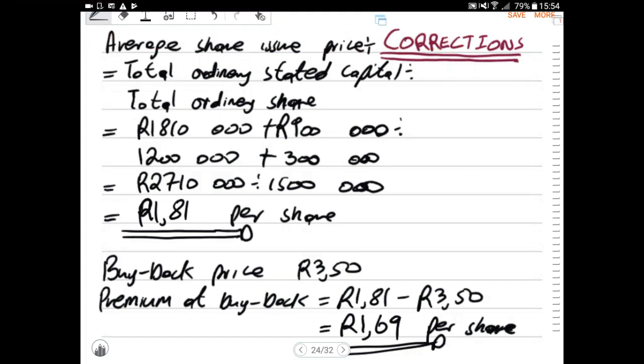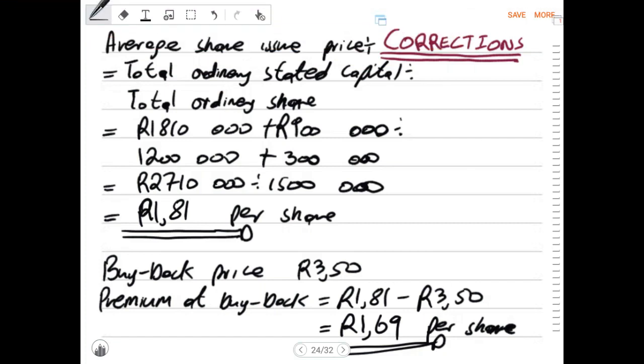Sorry students, I just want to make a correction with regards to the calculation of the average issue price in this assignment. In that average issue price, we had to say total ordinary stated capital divided by the total ordinary shares.